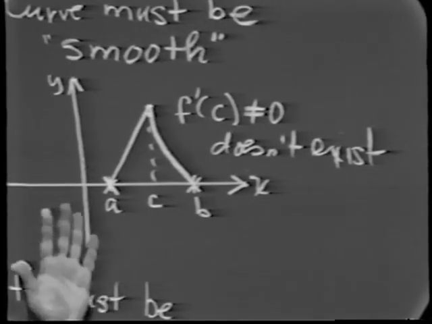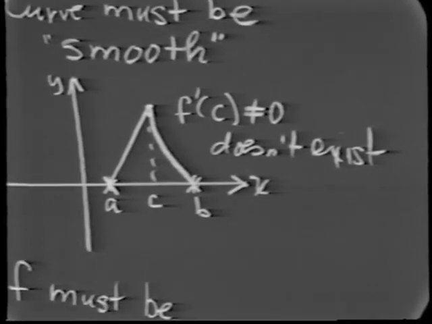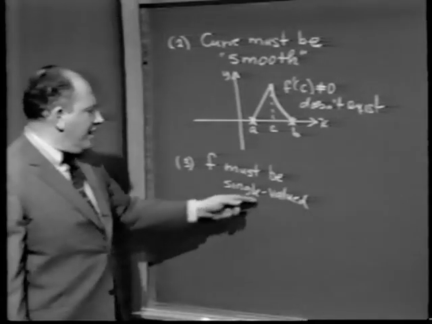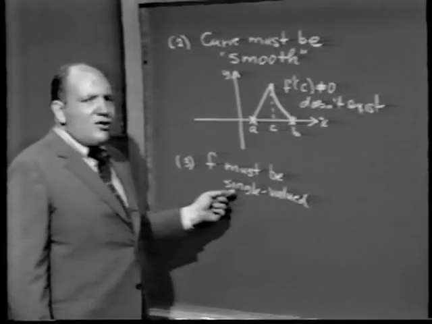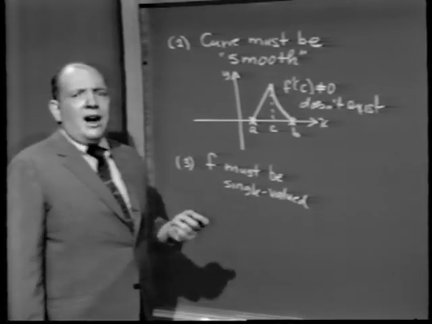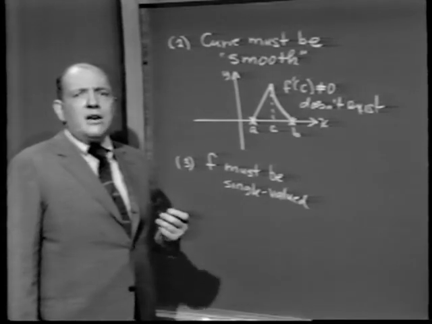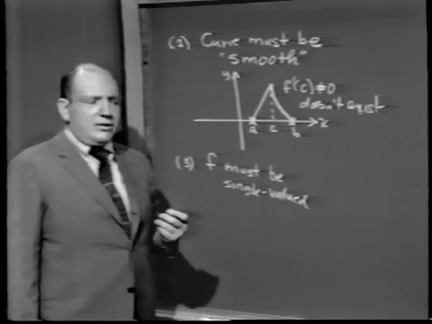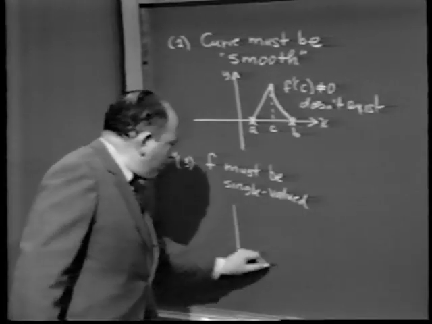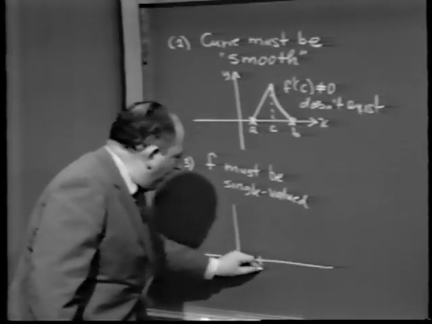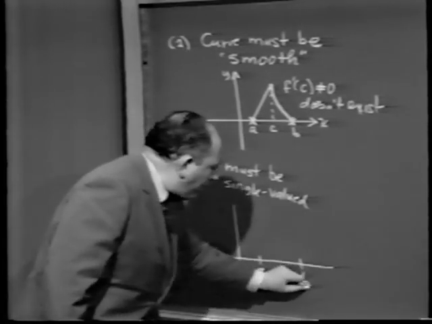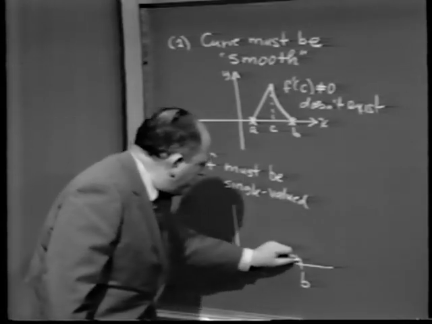So I want you to make sure you see where each of the parts of the hypotheses for the theorem are used. And by the way, here's another interesting result, which has nothing to do with the statement of the theorem, but again, another piece of evidence as to why we like to shy away from functions which are not single-valued. See, for example, suppose you allowed the function to be multi-valued. And you say, OK, I want the curve to pass through here and here.